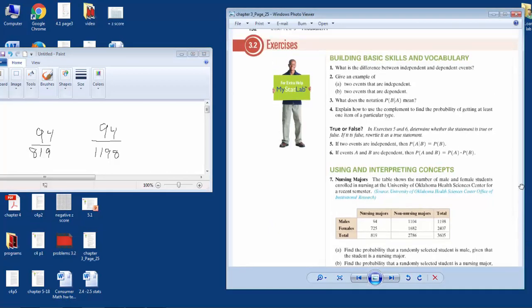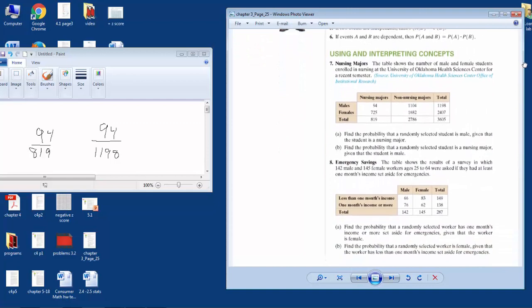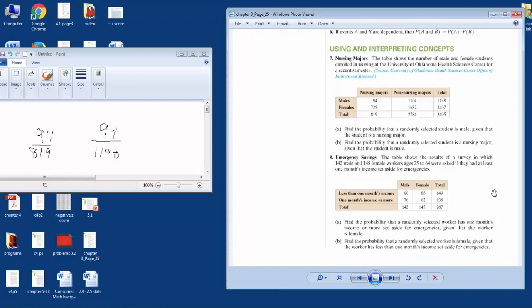Let's take a look at the next set of problems, which are for problem number 8. The table below shows the results of a survey in which 142 male and 145 female workers ages 25 to 64 were asked for at least 1 month's income set aside for emergencies. Find the probability that a randomly selected worker has 1 month's income or more set aside for emergencies, given that the worker is female. Because the worker is female, I have a total of 145 females.